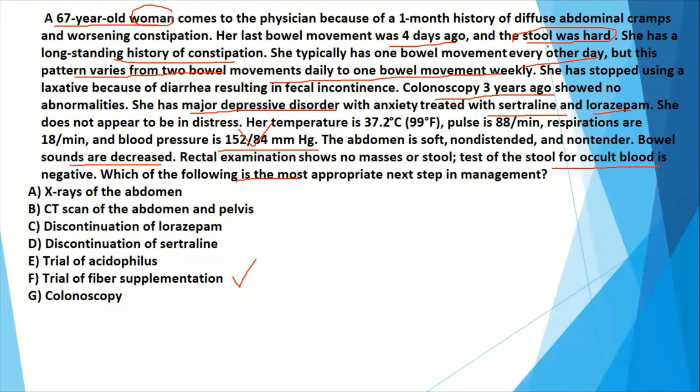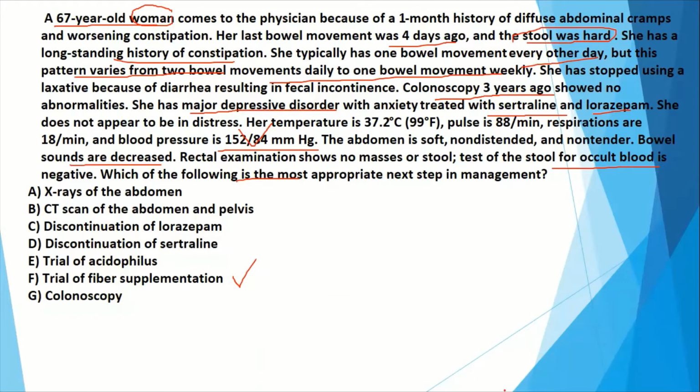So again, it is among the diagnostic criteria of IBS. The diagnostic criteria for IBS is you must have abdominal pain, and you must have a change in frequency of the stool, and a change in consistency of the stool.